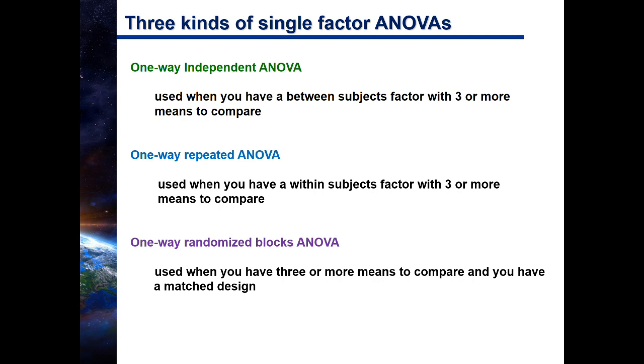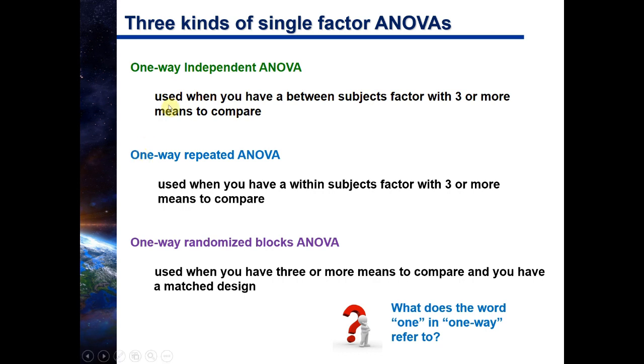All right. Little quick question for you here, just to make sure that we understand, what does the word one in one-way refer to? So one-way independent ANOVA, one-way repeated, one-way randomized blocks. What does this mean? It means you have one independent variable, okay?